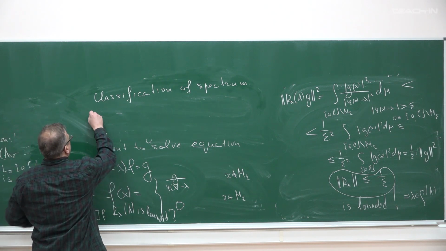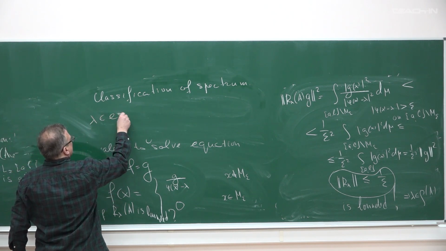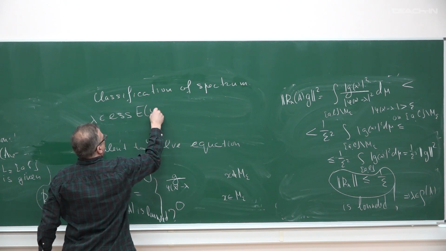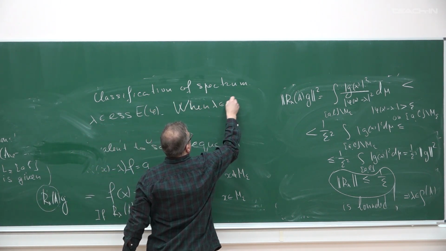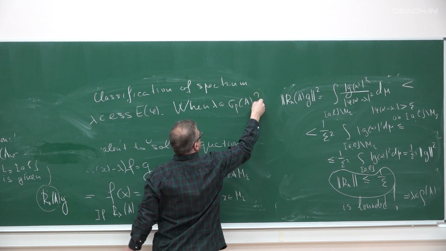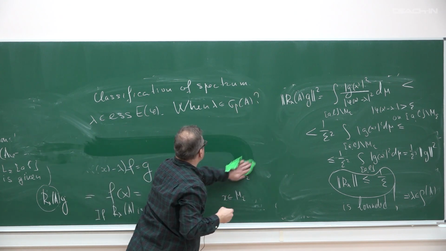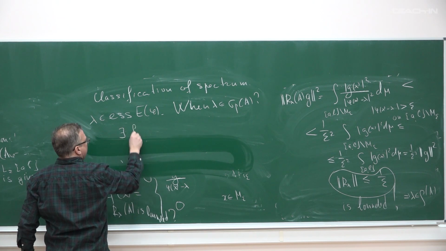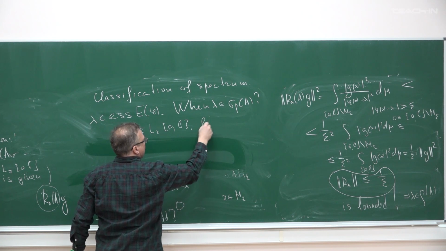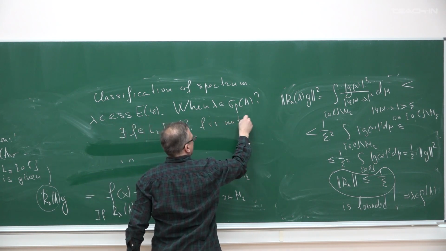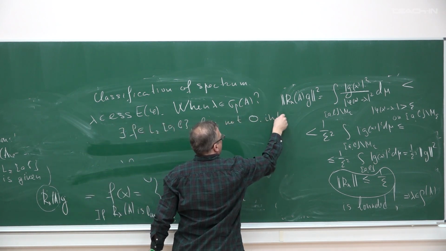So when lambda belongs to the point spectrum, it means that there exists f from L2(a,b), and f is not 0 in L2.